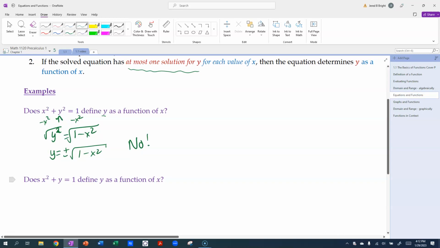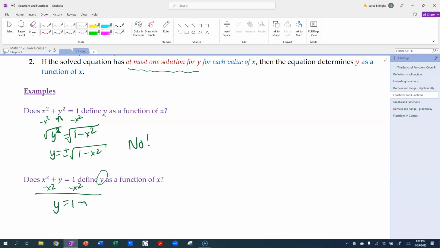Does x squared plus y equal 1 define y as a function of x? So I need to, again, solve for y. I need to subtract x squared from both sides. y equals 1 minus x squared. So here, if I insert x, I calculate y according to this rule.